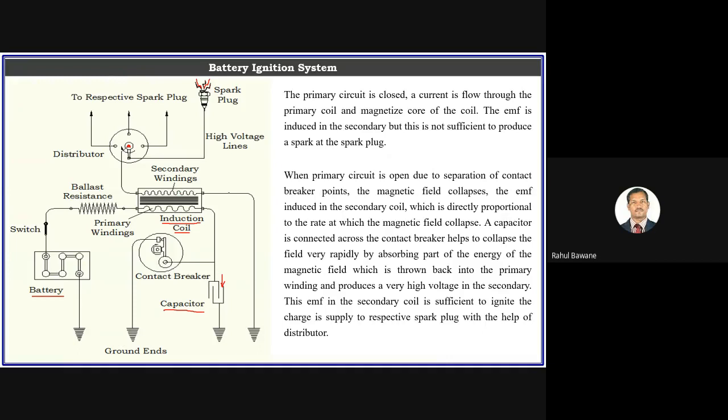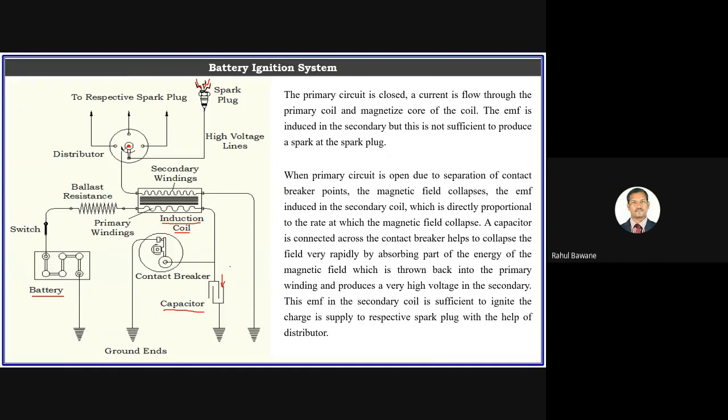the secondary, but it is not enough to produce a spark. But as soon as the contact opens, the primary circuit breaks. Once the primary circuit breaks, there is a collapse of magnetic field, and the collapsing speed is much higher than the generation of magnetic field. In addition, when the circuit is completed, the capacitor gets charged.